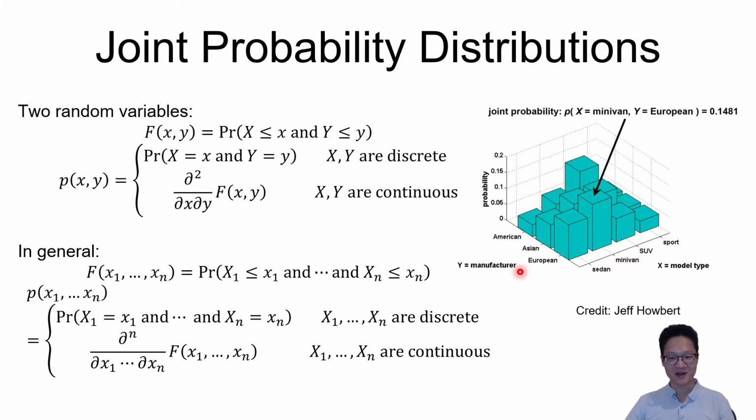Because X and Y only take on a discrete set of values. So all of these bars represent the values of the PMF. In particular, this bar represents the probability that the car type is minivan, and the manufacturer is European. Of course, all of these bars add up to 1.